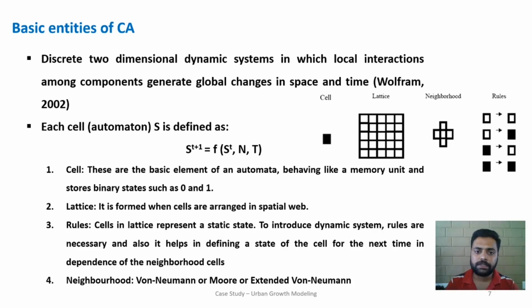So the cell state in future t plus 1 directly depends upon the cell state today, the neighborhood of the cell, and the transition rules.